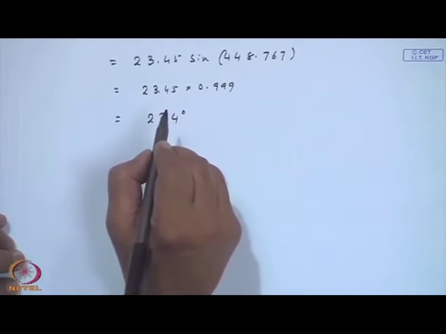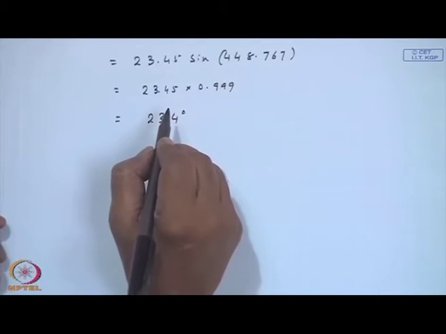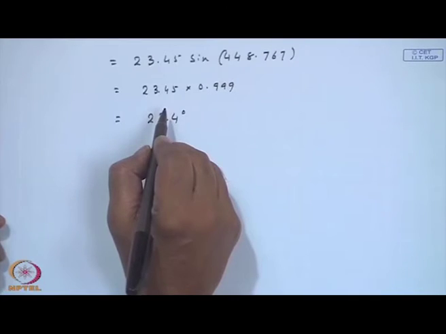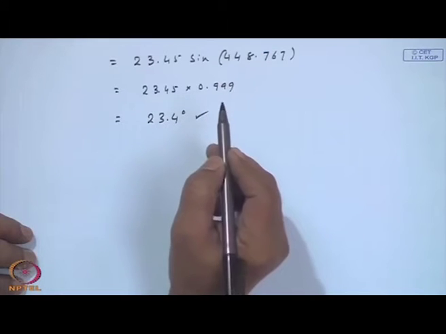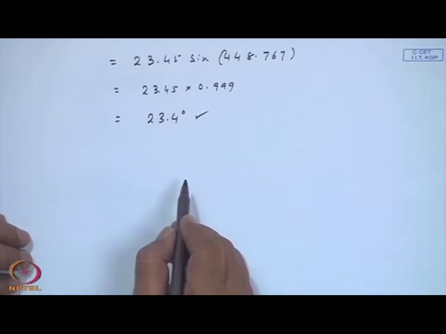I am happy because we know in June the maximum declination will be around June 23rd, which is equal to 23.45 degrees, and around June 20th with all this calculation including sine of 448.67, I got the answer 23.4 degrees. So, it should be okay.